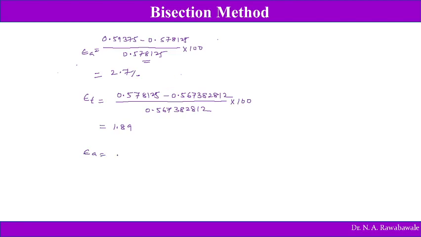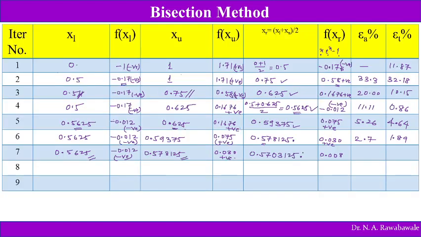The old approximation is 0.578125 minus the revised approximation 0.5703125, divided by 0.5703125, into 100, and this approximate error works out as 1.36%.